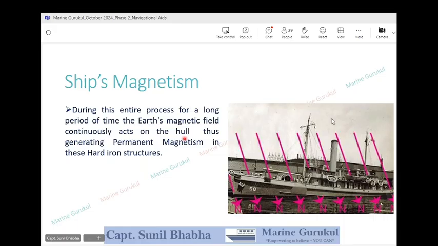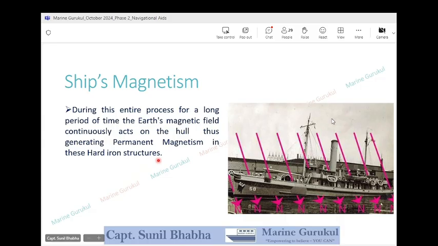Now, since we are working upon all these metal plates which are being fitted on the ship, and the Earth's magnetic field is acting on it in the same orientation, it generates permanent magnetism in these hard iron structures. So I told you that hard iron structures are those structures which are extensively worked upon at the time of construction of the ship or shipbuilding.